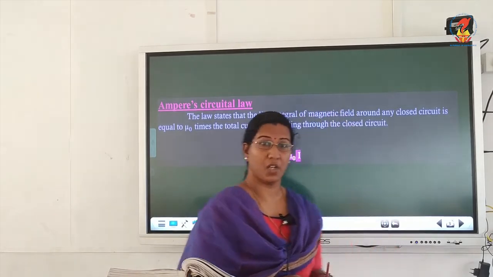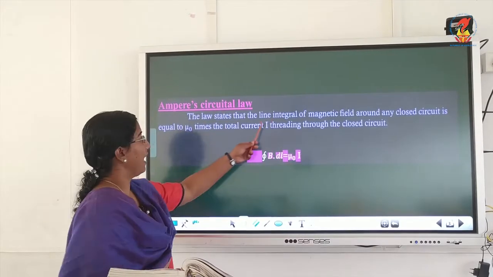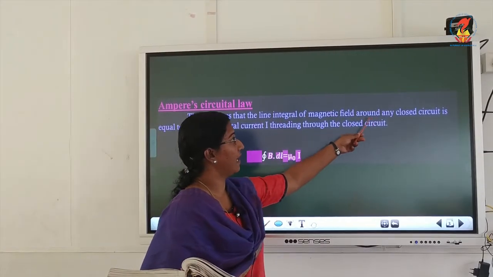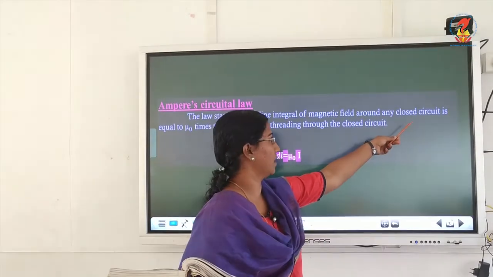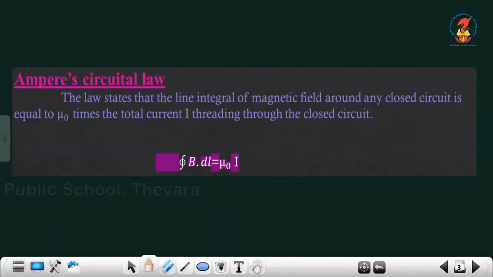Now the law states that the line integral of magnetic field around any closed circuit is equal to mu0 times the total current threading through the circuit. The line integral of magnetic field around any closed circuit or any closed surface is equal to mu0 times the total current passing through the surface.